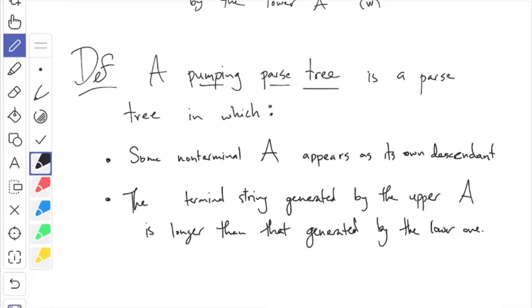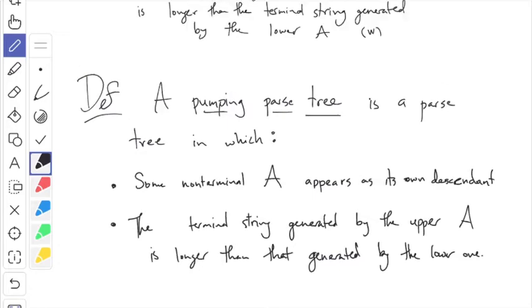So all the specific examples that I've written down so far, those were pumping parse trees. One non-terminal sits as a descendant of another, and the string generated by the one above is longer than the string generated by the one below.